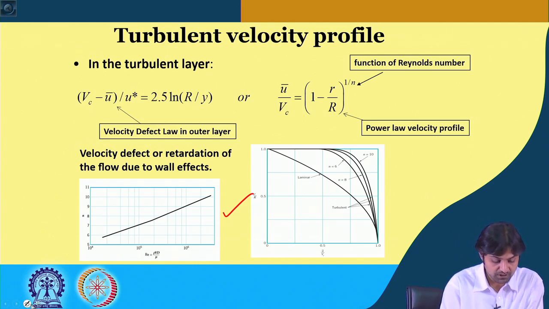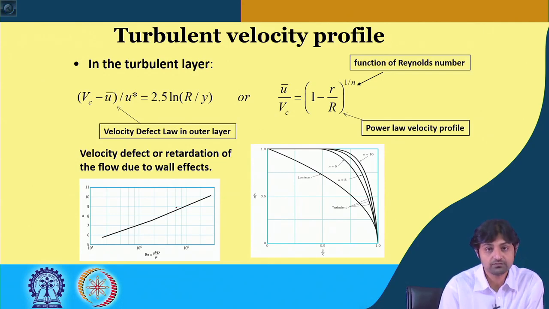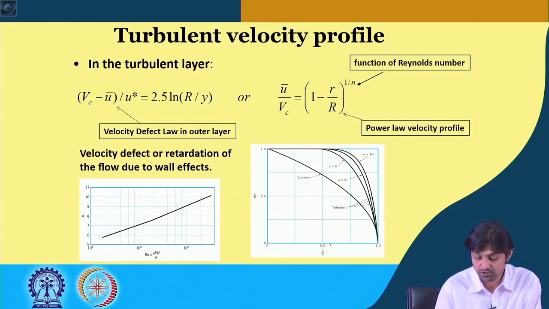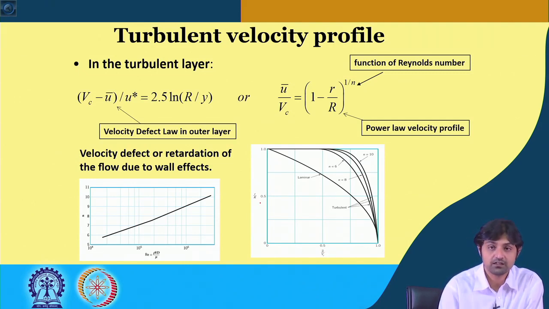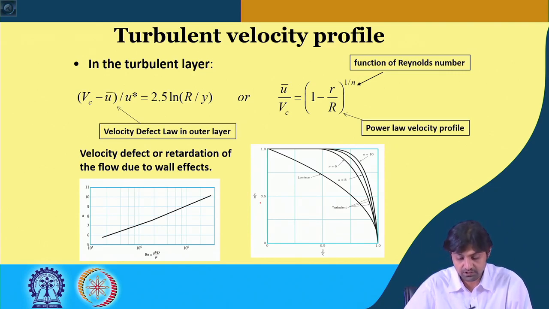And if you determine n from this graph, then for the corresponding n you can use this table or graph for finding the relationship between u by Vc and y by r. So, in our question probably we will be using this particular concept.